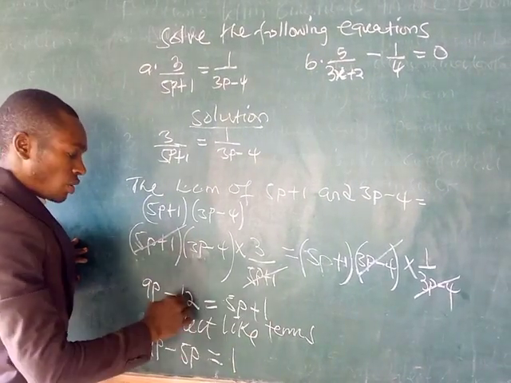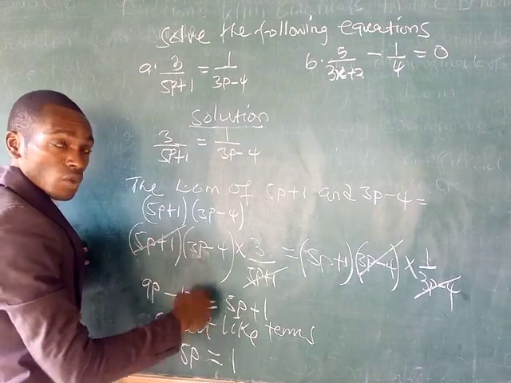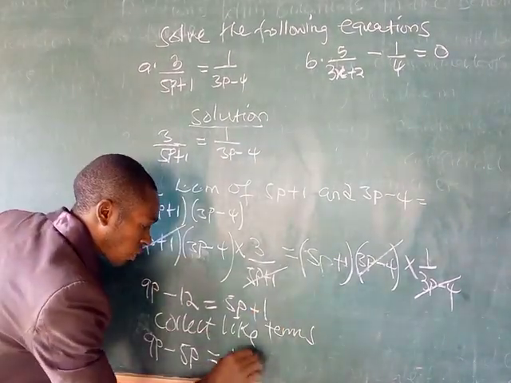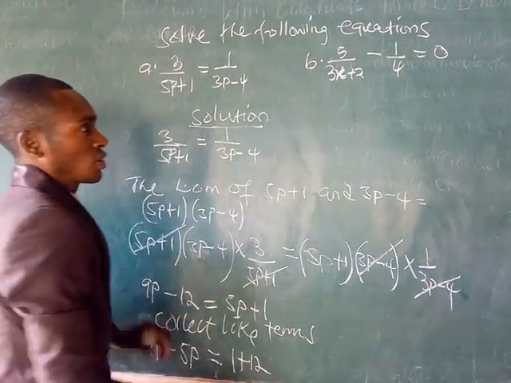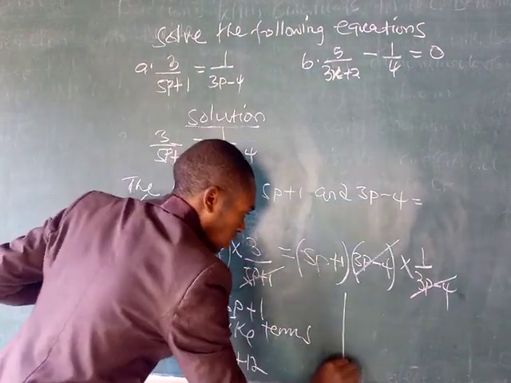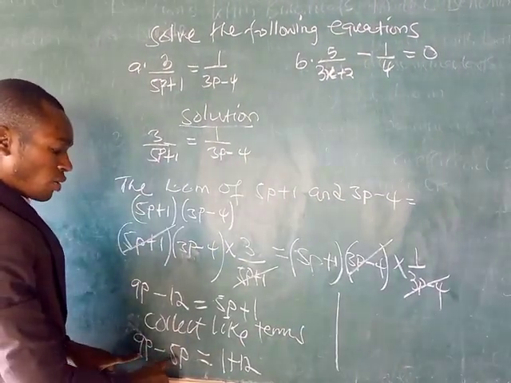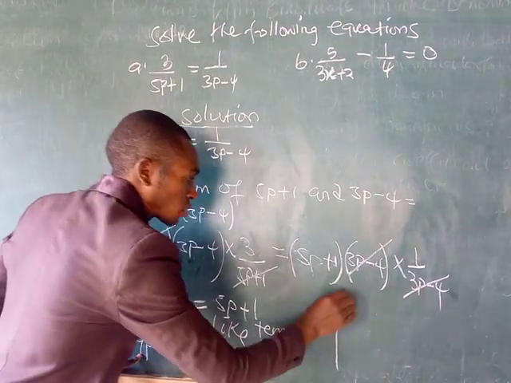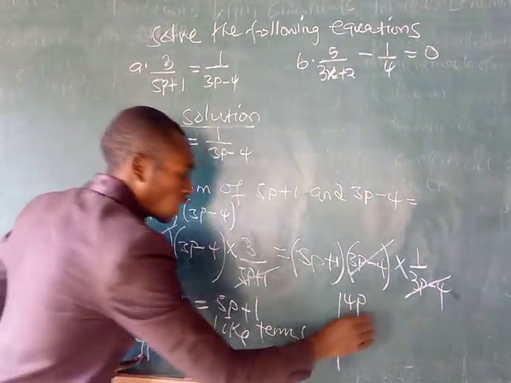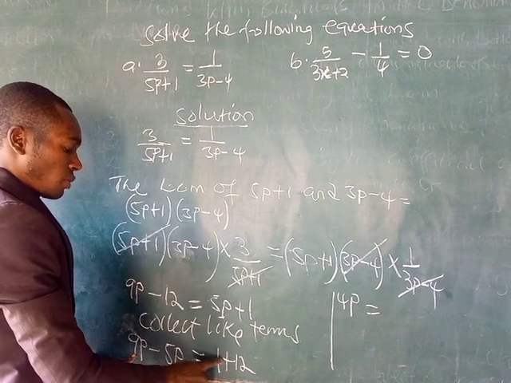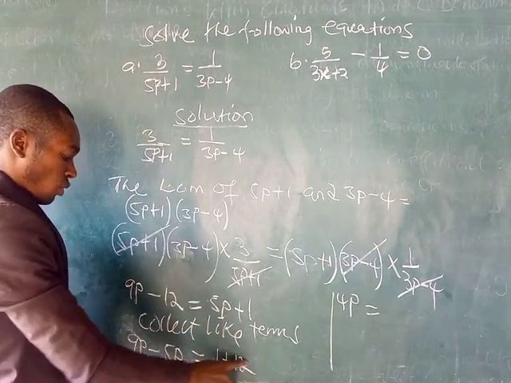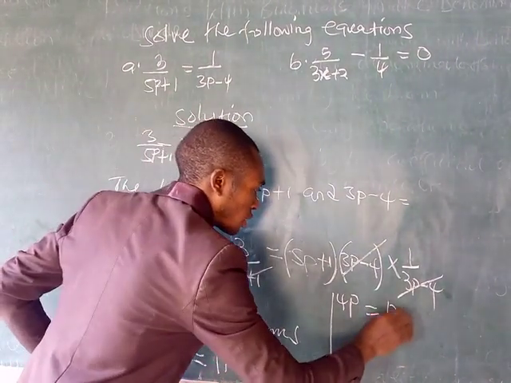So they are like terms. Minus 12 crosses the sign of equality to this side, it becomes plus 12. Now what we have left is 9p minus 5p will give us 4p equal to 1 plus 12. 1 plus 12 will give us 13.